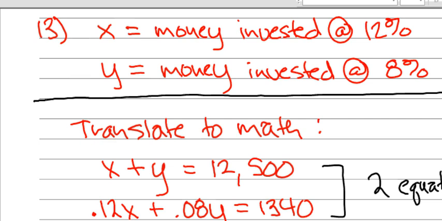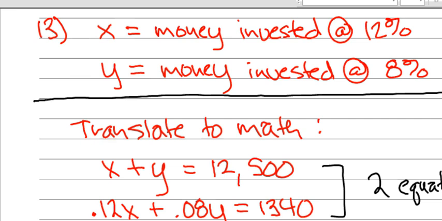So the money invested at 12% is X, plus the money invested at 8%, which is Y, equals the total invested, which is $12,500. So that is my first equation. X plus Y is equal to $12,500.